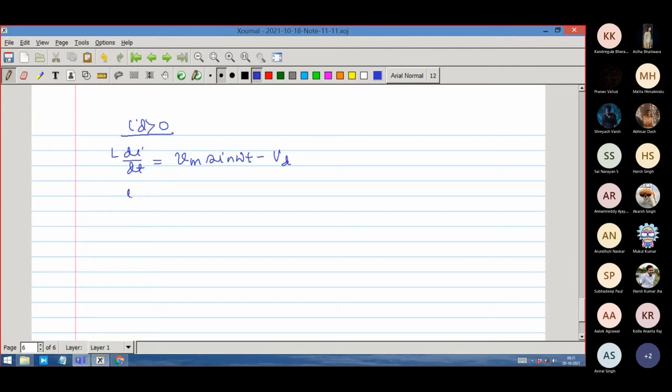So I is equal to the integration: minus Vm by omega L cos of omega t, minus Vd by L into t, plus a constant k. This is the constant of integration.